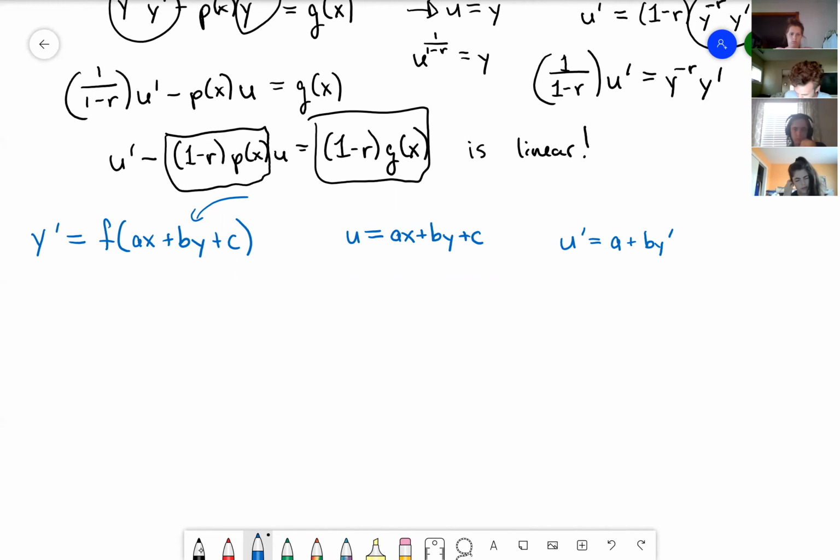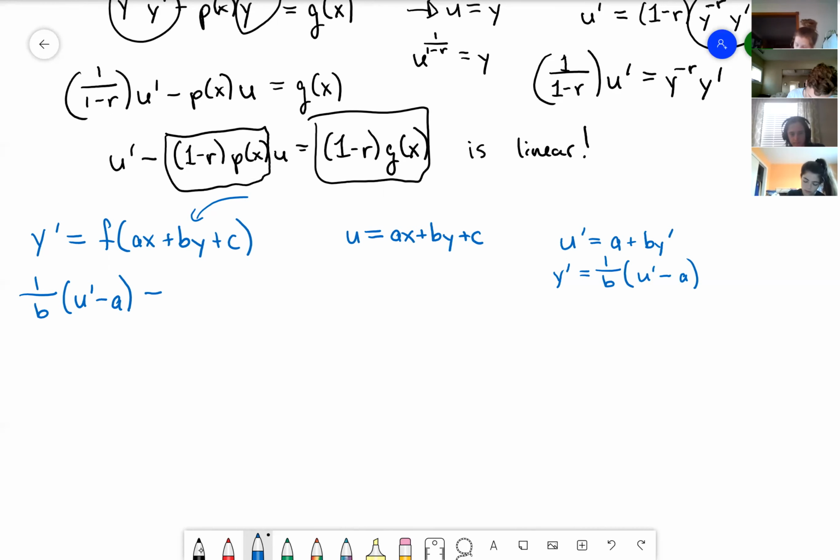So now we can rewrite y prime in terms of u. So we get, let's see, y prime is equal to 1 over b times u prime, okay? And so what we get is 1 over b u prime minus a for the left-hand side.